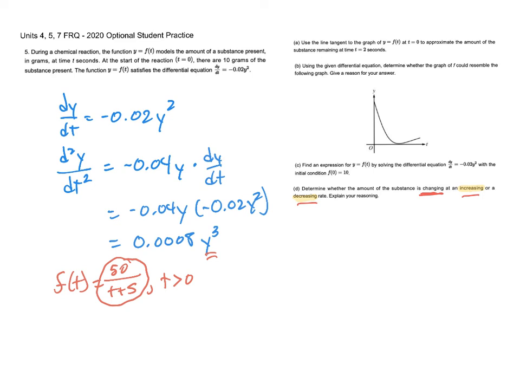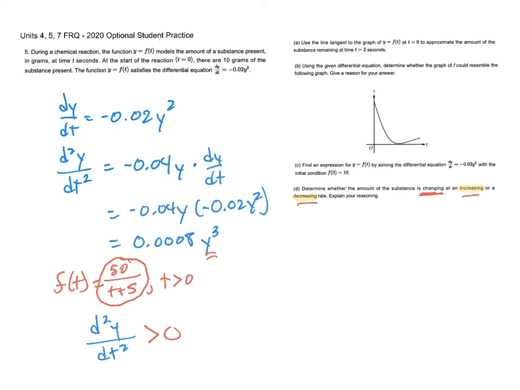So from that, I have determined that the second derivative, d2y over dt2, is greater than 0. Actually, it's just greater than 0, right? Because I can't make 0 out of that thing either.